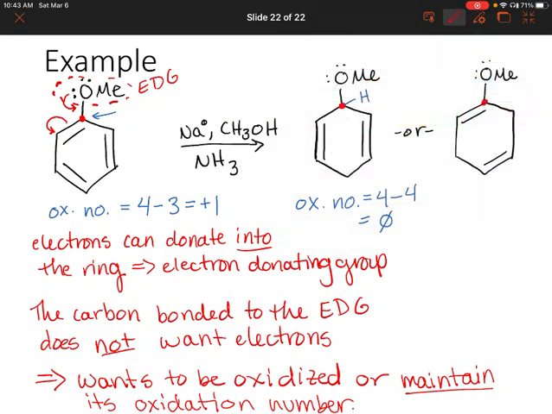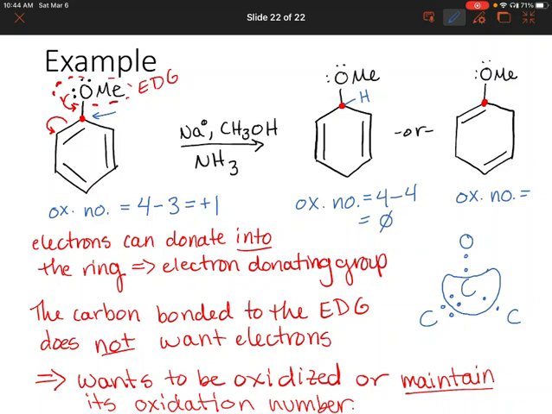All right, so let's calculate the oxidation number for that carbon. So again, we have a carbon bonded to oxygen, another carbon, and then it has a double bond to another carbon. So this looks a lot like our first starting material situation, right? So carbon does not have ownership of its shared electrons with oxygen, but it does have half ownership over the electrons it shares with other carbons.